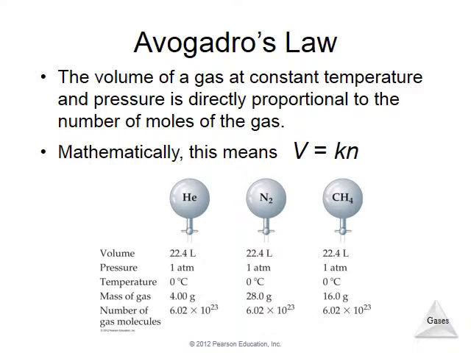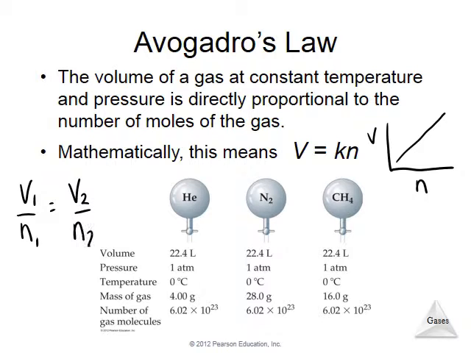When we look at a plot of the volume versus the number of moles, as the number of moles increases, we're also going to see the volume increase, and so we get that nice linear plot again. The equation that we use for this is V1 over N1 is equal to V2 over N2.